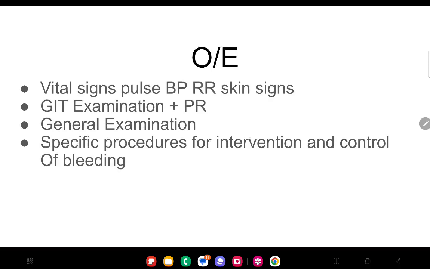GIT examination and general examination are important. Examine the patient generally, and then do the abdominal examination. Your examination is not complete unless you do a per rectal examination. A specific procedure for intervention and control of bleeding can be done during the initial assessment.